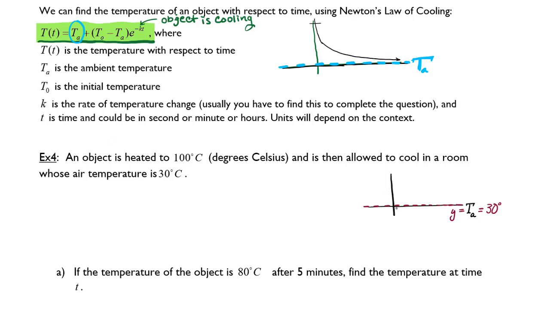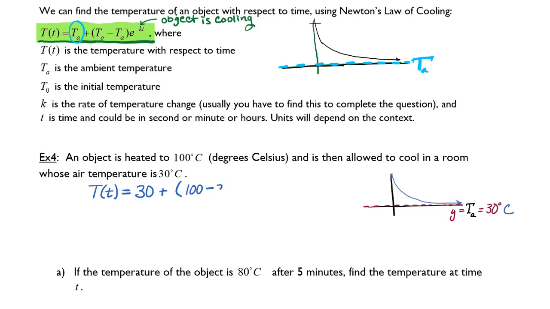And we also know that at time 0, the temperature of the object was 100 degrees, and it is going to approach this horizontal asymptote at 30 degrees Celsius. So we can now write an equation or a function to represent this situation. We know that the ambient temperature is 30 degrees, and we know that the initial temperature, T naught, is 100 degrees.